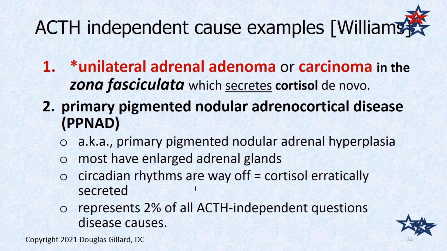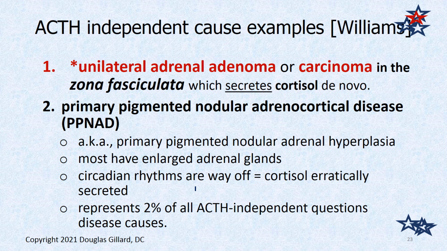So ACTH-independent causes, what are some examples? Well, we could have a unilateral adrenal adenoma or a carcinoma that lives in the zona fasciculata. If it's an adenoma, that means it's a gland tissue tumor which is capable of secreting. And if it's made of fasciculata cells, it can secrete cortisol, and that's exactly what happens.